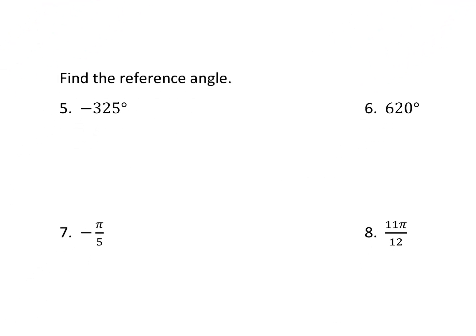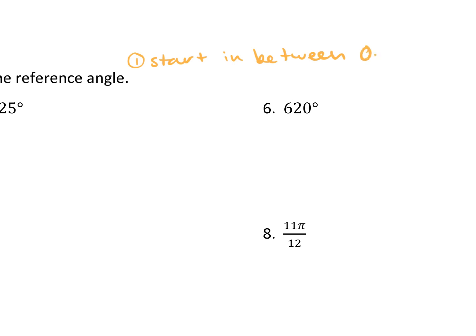All right. Next, let's find the reference angle. So step 1, when finding the reference angle, we want to start with an angle in between 0 and 360. Reference angles are like a smaller version of the original angle.